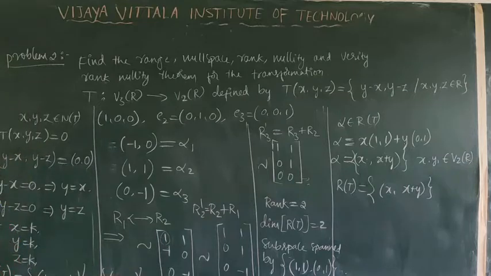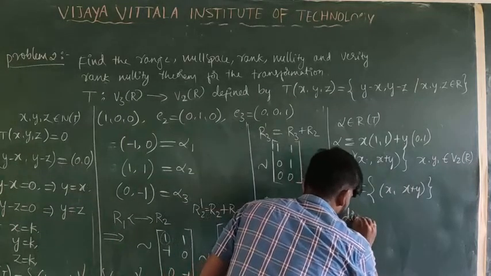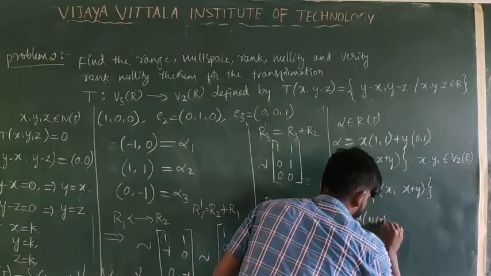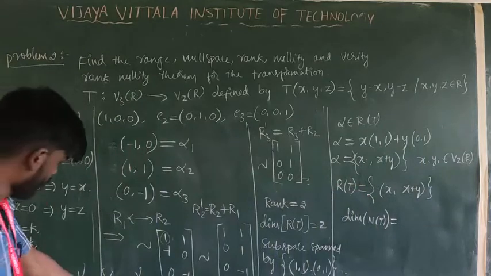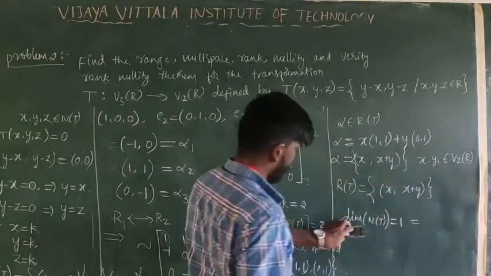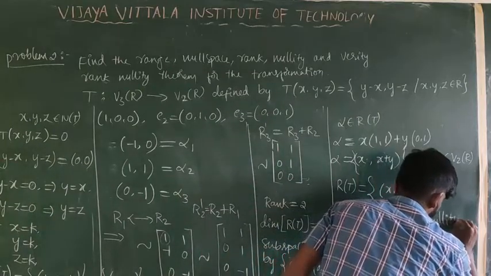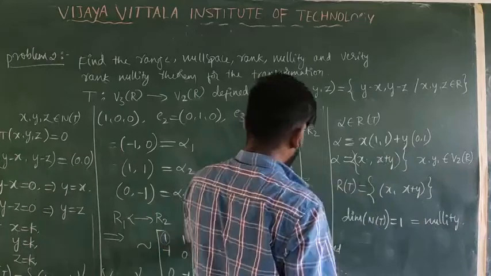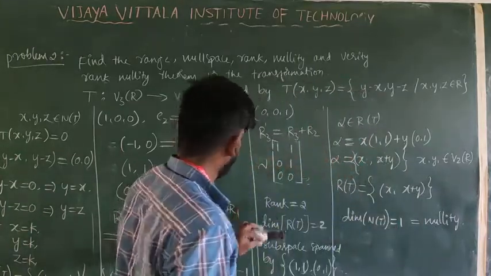Therefore, the dimension of this null space, which is the nullity, is 1. Therefore, we got nullity and rank.